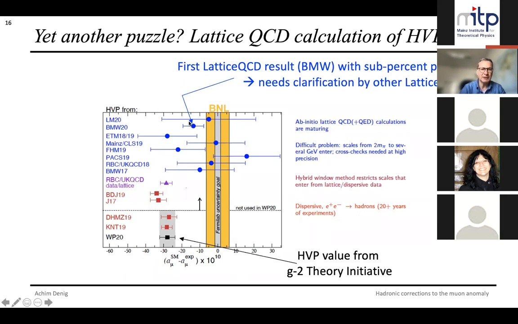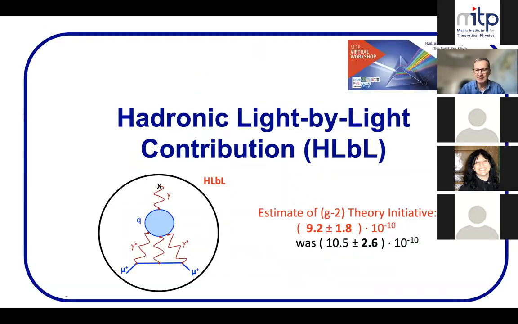However, there's now a new result from the BMW collaboration, which is actually significantly smaller than the dispersive approach and appears to be almost not in conflict with the standard model anymore. This is actually the basis for hours of discussion, and my proposal is to defer this to the discussion session later this afternoon. Okay, in the last couple of minutes, I move on to the hadronic light-by-light contribution.